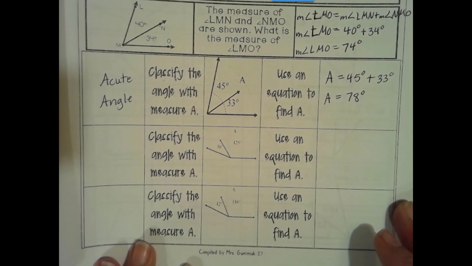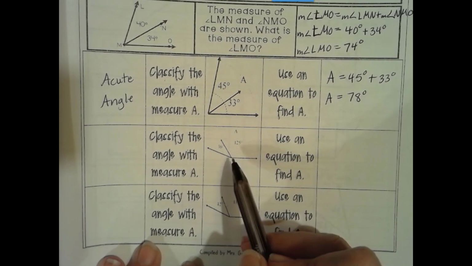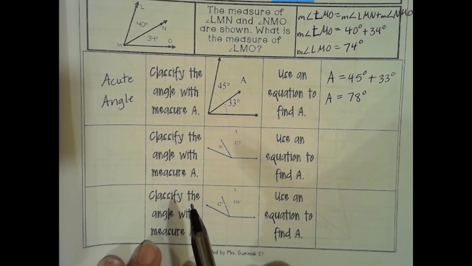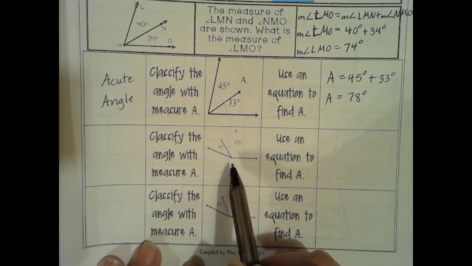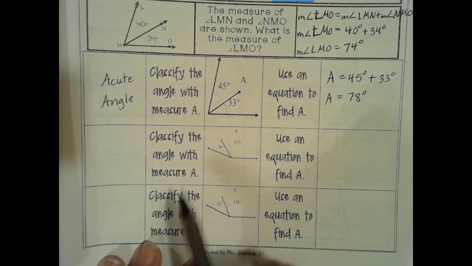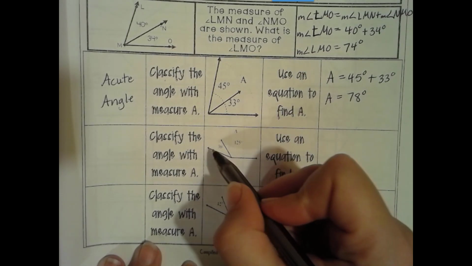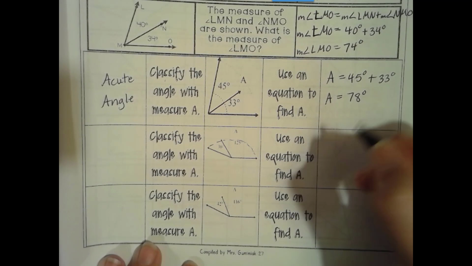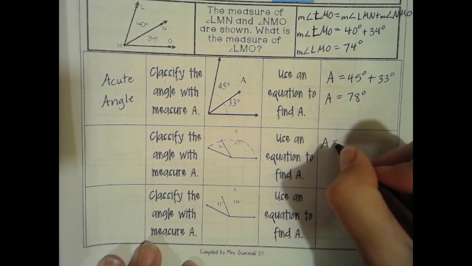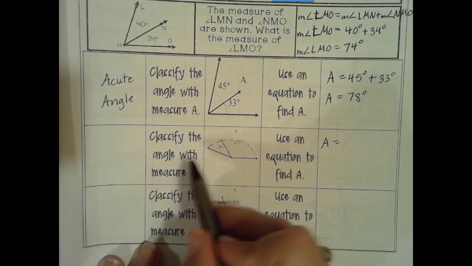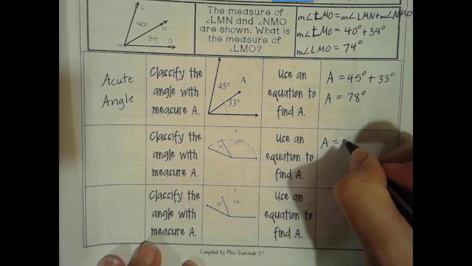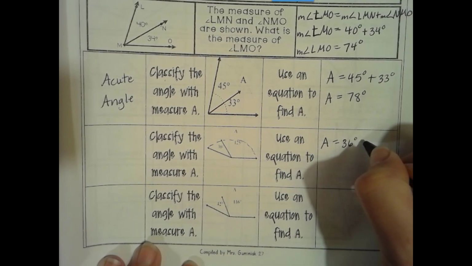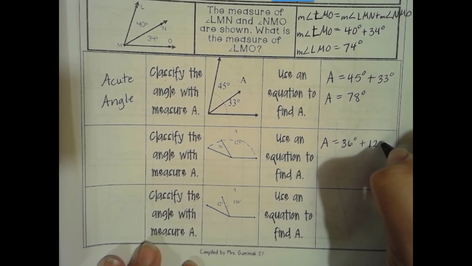Okay. This one, it looks like it's obtuse, but this right here is over 90 degrees, so it most likely is obtuse. So angle A, it's looking at this whole thing. Angle A is what we're trying to find, or the measure of A for this largest angle. And so we're taking the two smaller angles, 36 degrees plus 125 degrees.